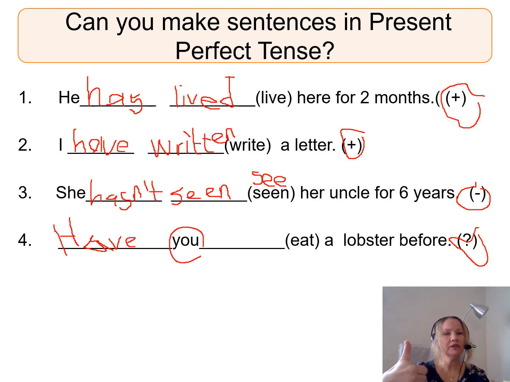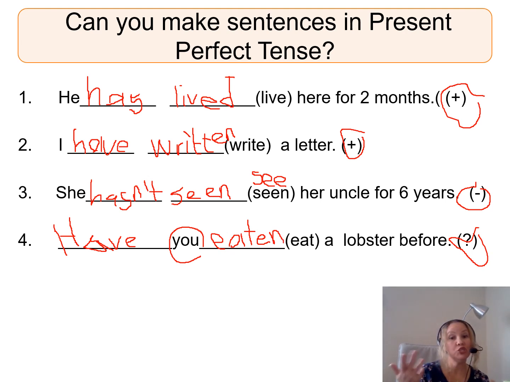Eat is the verb 1. What's the verb 2? Do you remember? Absolutely. Eat, ate. And the verb 3 is eaten. Eaten. Lovely. Well done. You worked so hard today.